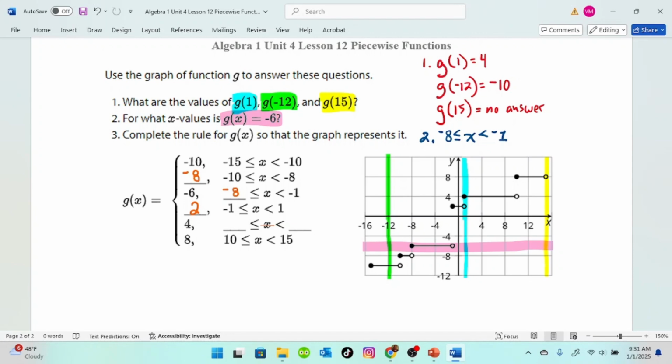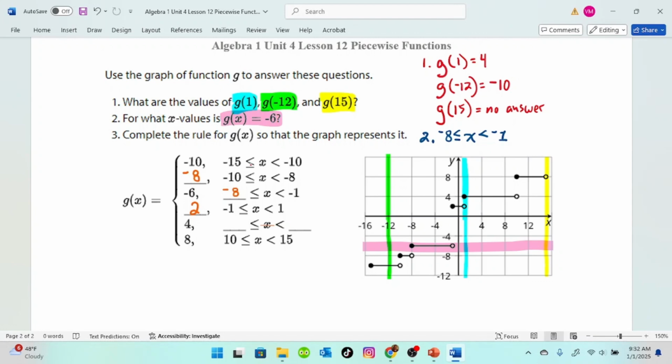Next, we're looking for the line where y equals 4. And we see that right here, it begins where our blue highlighter was, and that is from positive 1 included because it has the solid point all the way up to halfway between 8 and 12, so that would be 10, and it's not included because we have the hollow point.